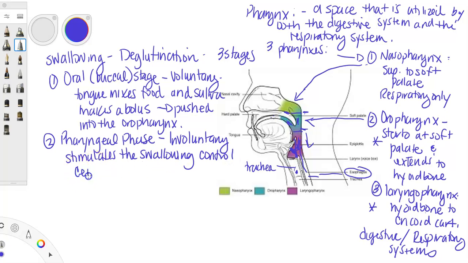And where is the swallowing control center? The swallowing control center is, of course, in the medulla oblongata. And it forces the bolus into the esophagus.